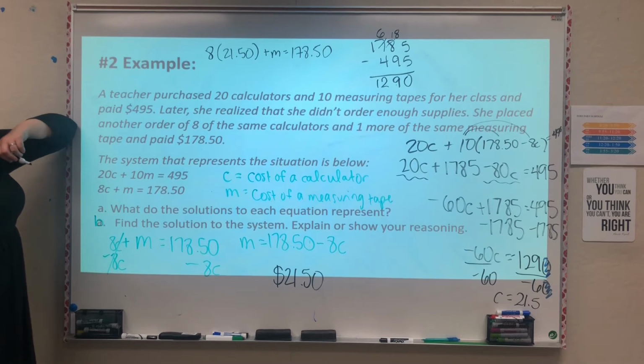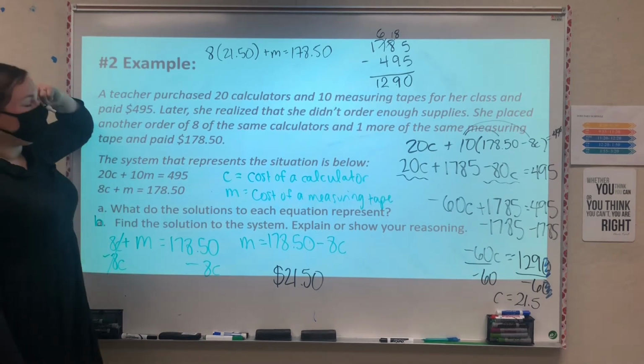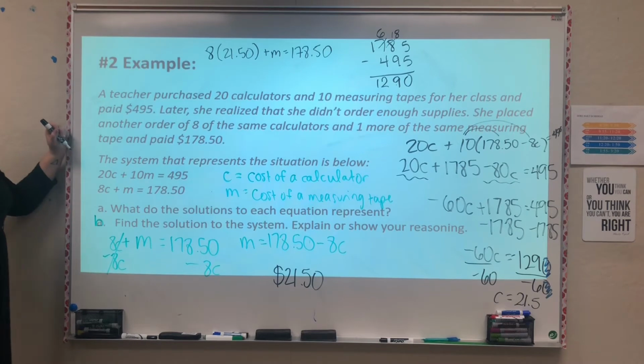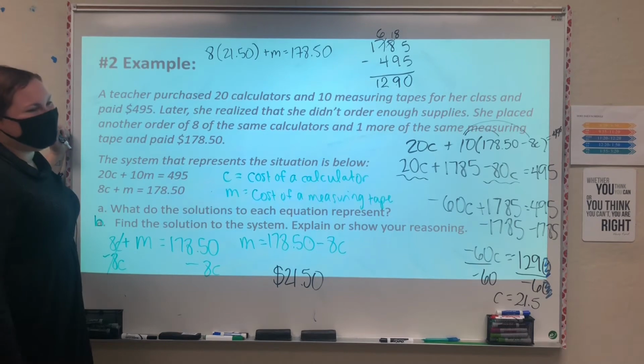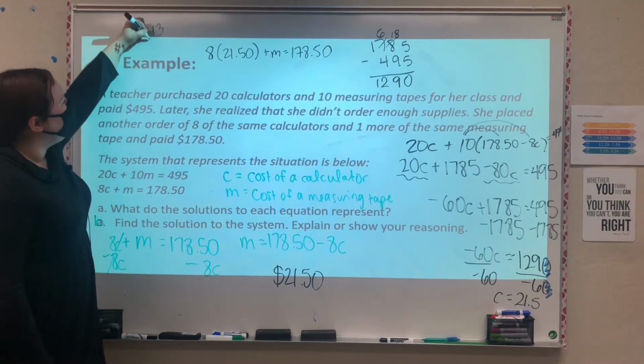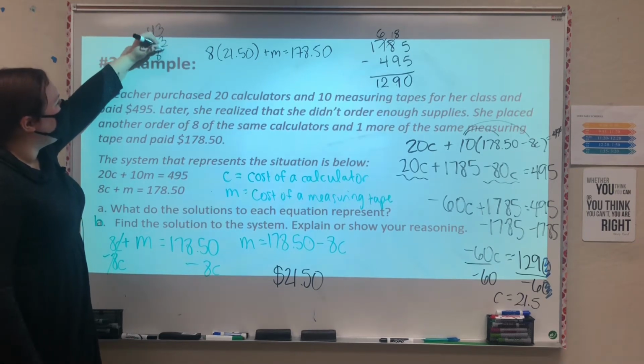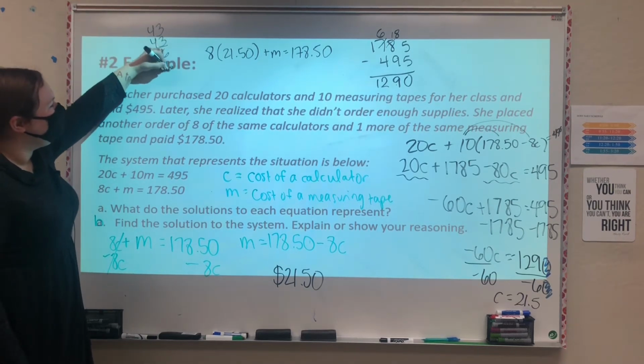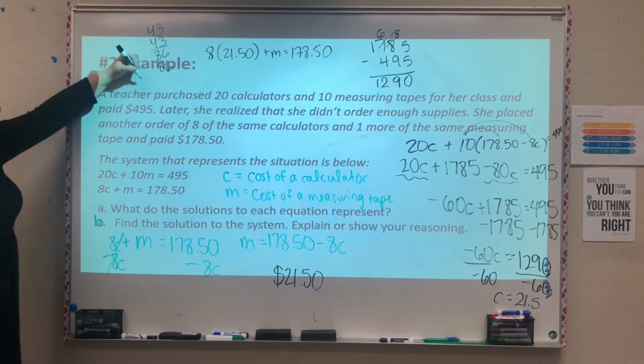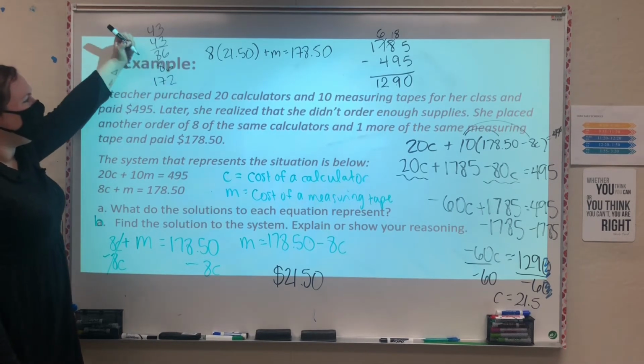And then 8 times 21.50 would be, so it's 43 for two 21.50s, and then 43 plus 43 is 86, and then 86 plus 86 is 172. Love that mental math.